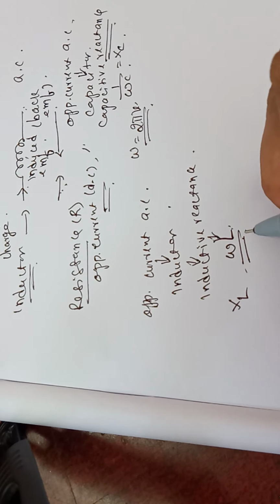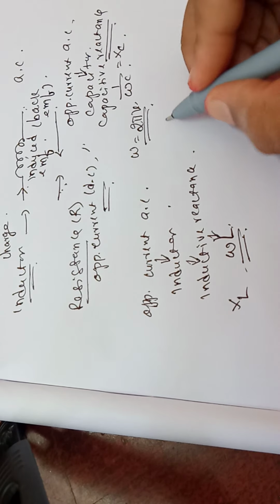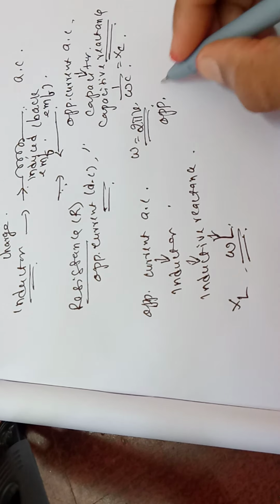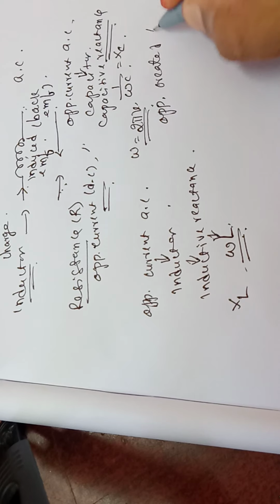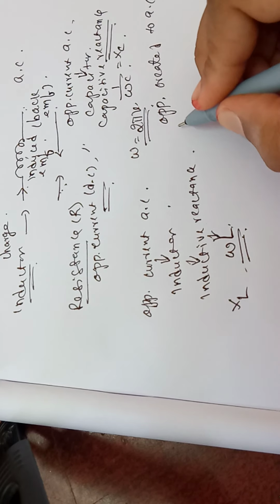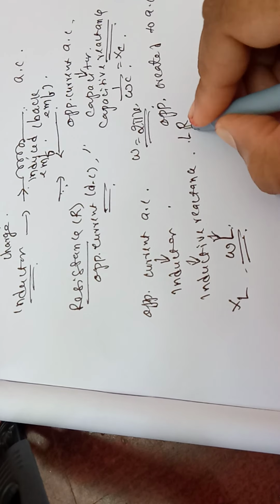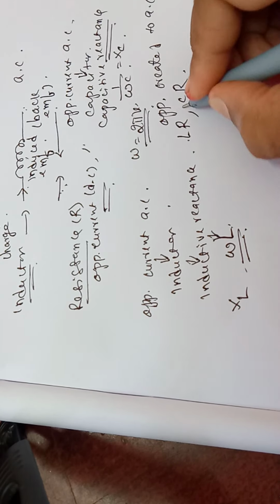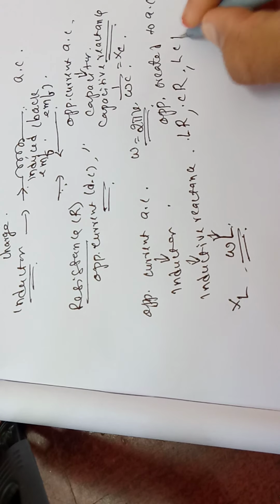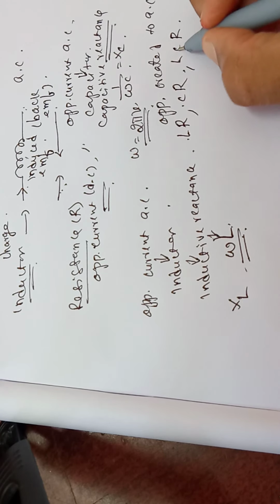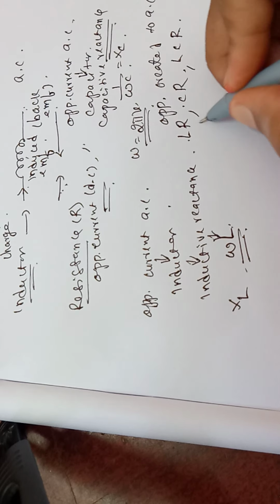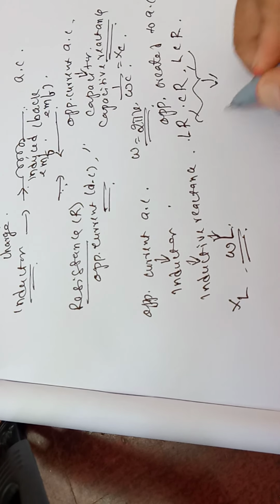Now, the opposition created to the AC current by a combination of these components, such as LR, inductor and resistor, CR, capacitor and resistor, or LCR, inductor, capacitor and resistor, we call impedance.